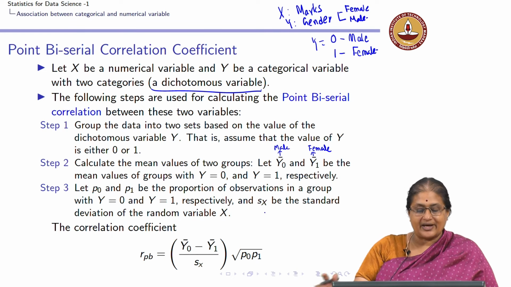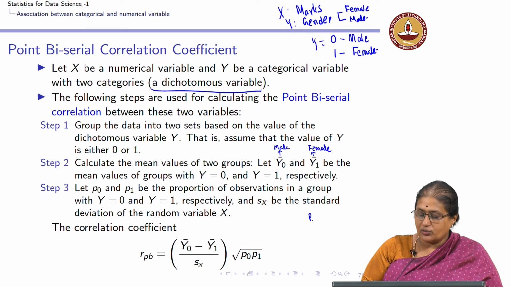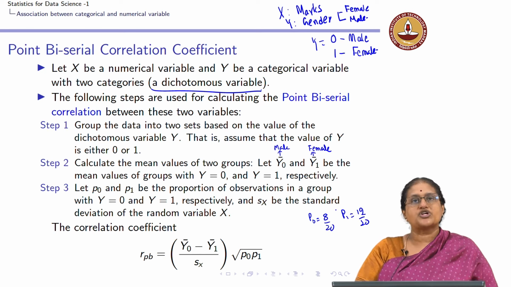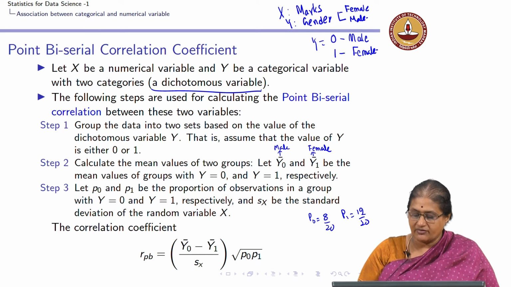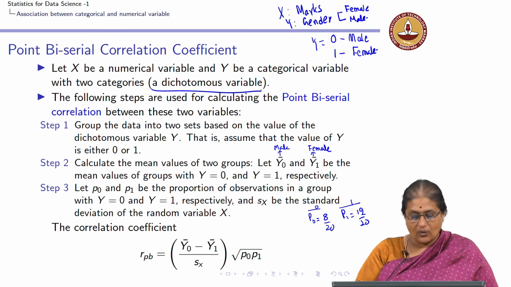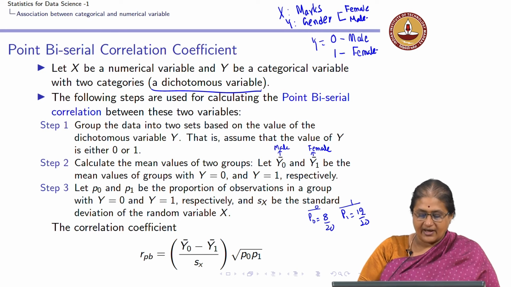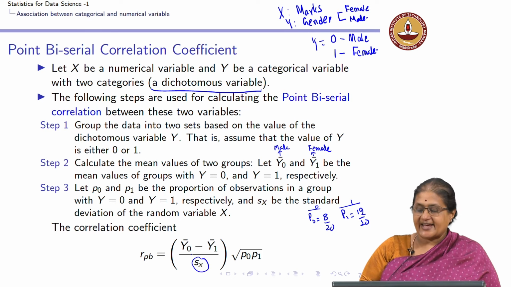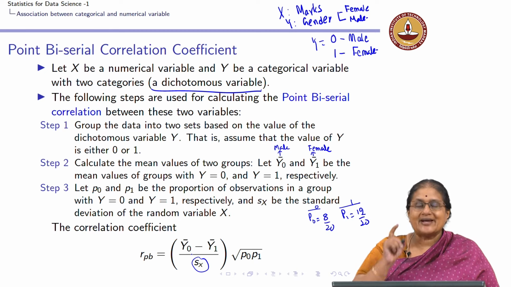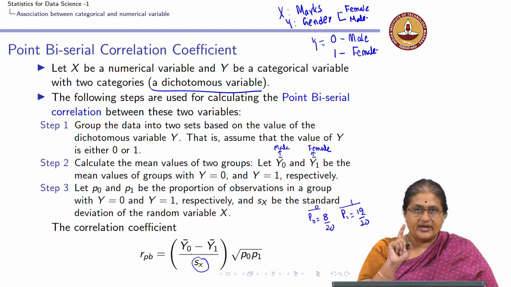Then I can find out the proportion of observations. Again, I know that P0 is 8 by 20 and P1 is 12 by 20. This is the proportion of observations of the group which I am coding 0, and this is the group I am coding 1. Finally, Sx: x is my numerical variable, which is the marks.